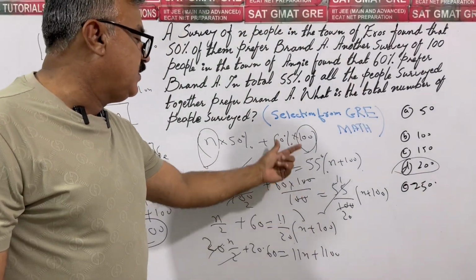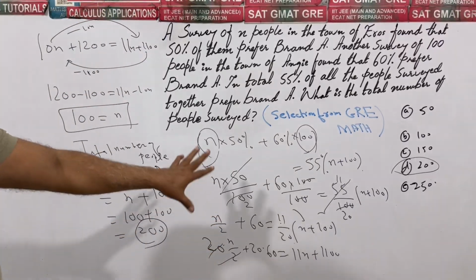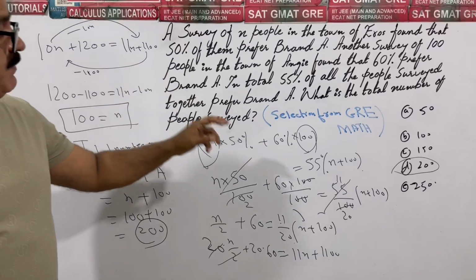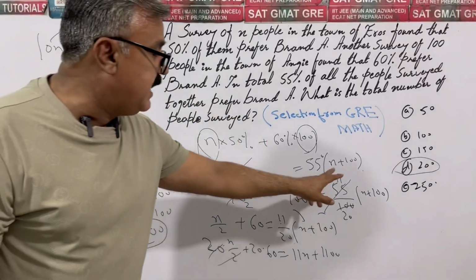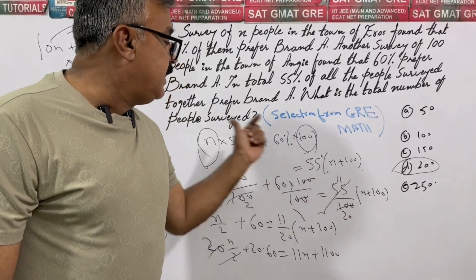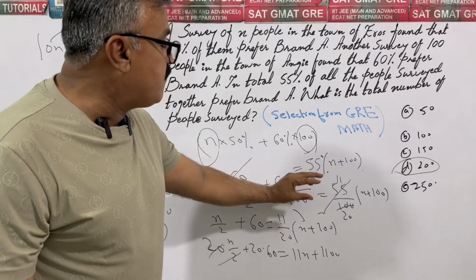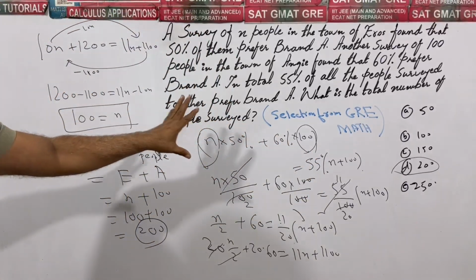I have solved for you in order to pave the way for your understanding. In lump sum, both towns collectively have 55% preference towards brand A.